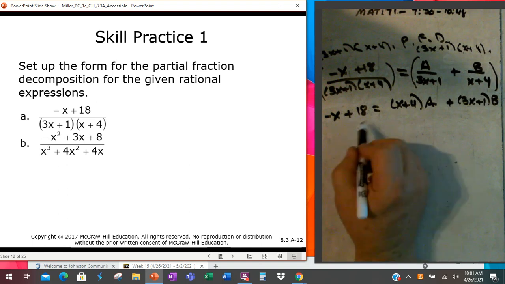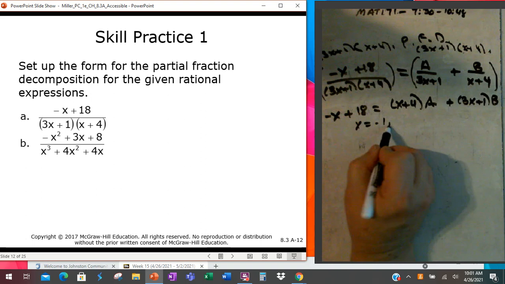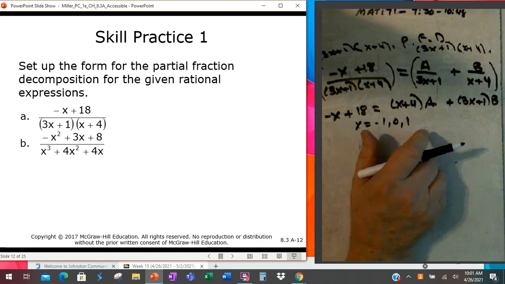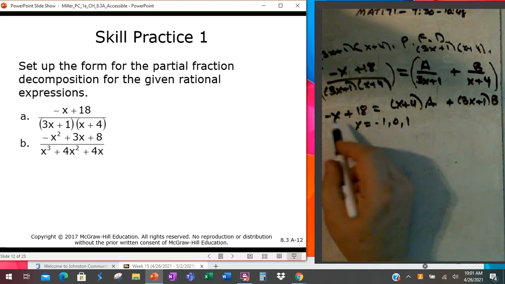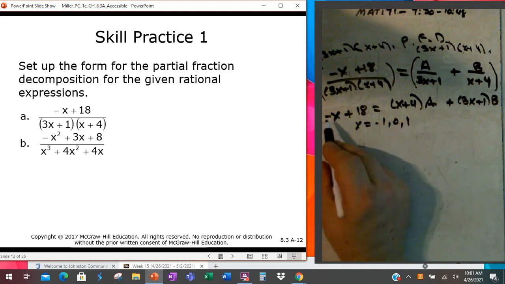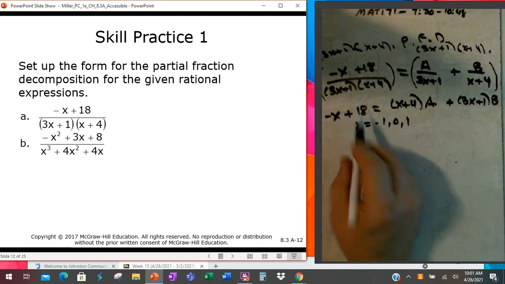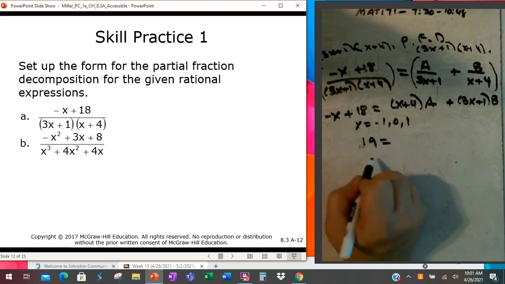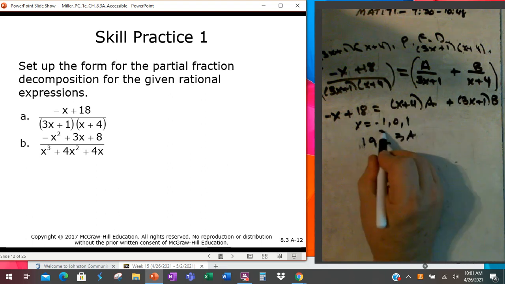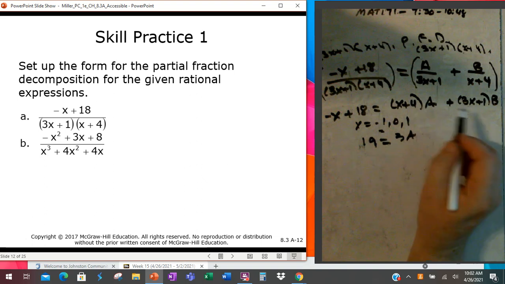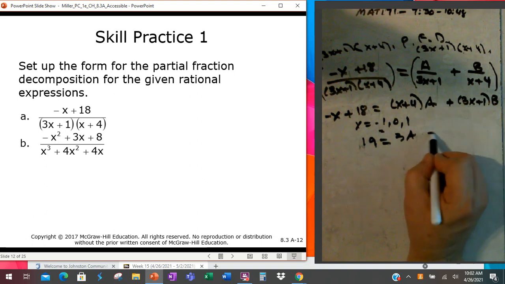So here again, let's do x equal to -1, 0, 1, just to build up that system. So for -1, this is -1 plus 1 plus 9 is my 19, 3A, so this is -1, so that's 3A. -3 plus 1 is minus 2B.